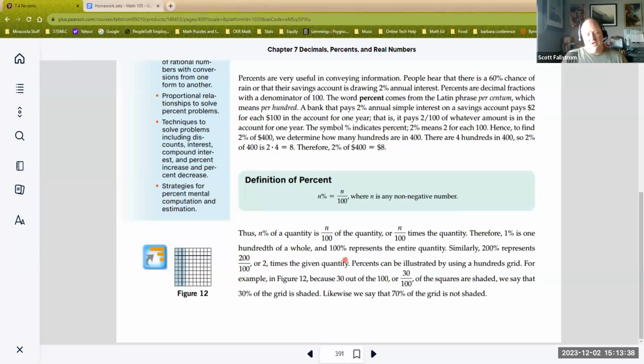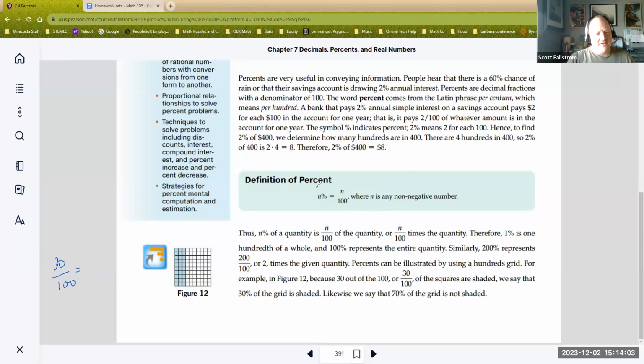If you're working with students, you'll also see these 100 grids. A 100 grid allows students to shade a certain amount. However much they have shaded, because it's on a grid out of 100, is also a percentage. So you can think of this one right here as 3 big 10 blocks would be 30 out of 100. You could write it as 30 over 100.